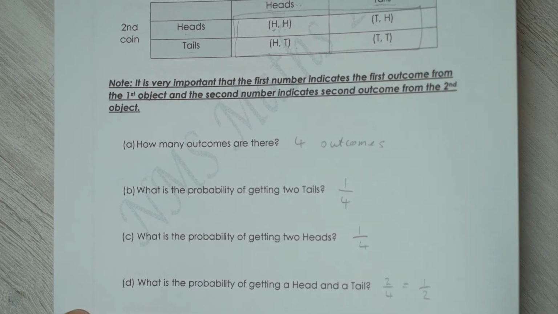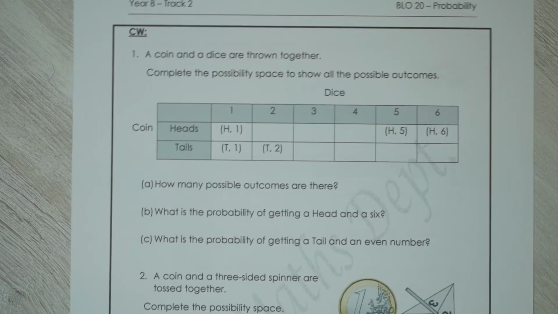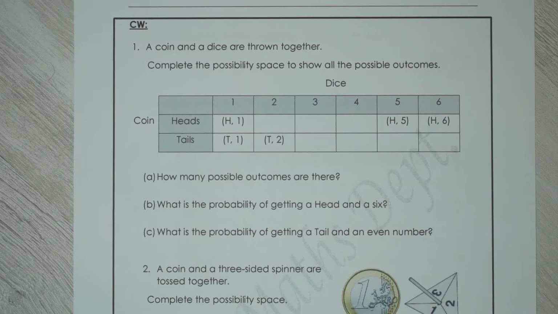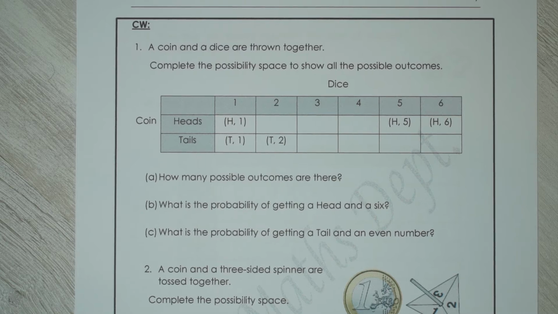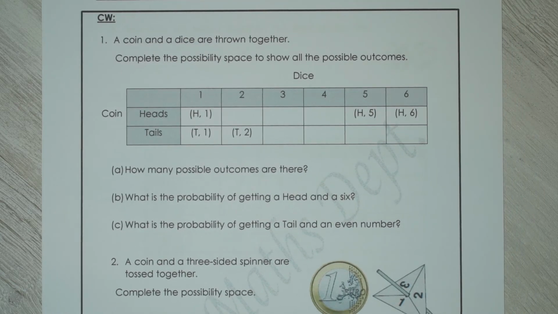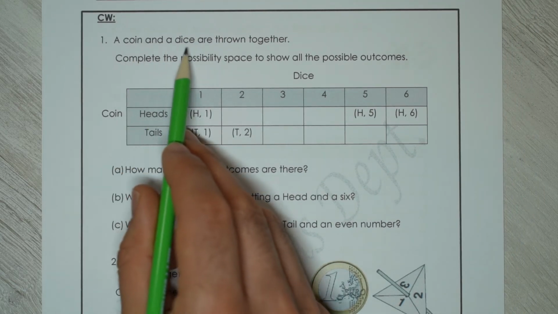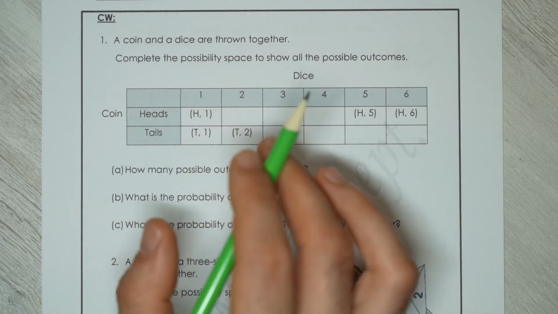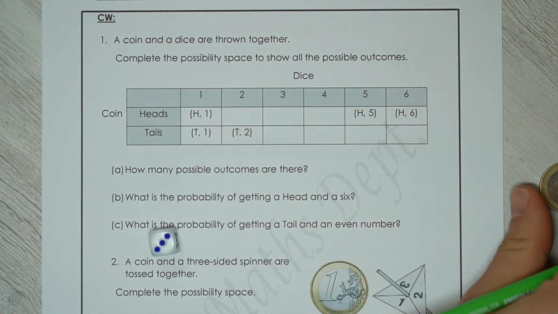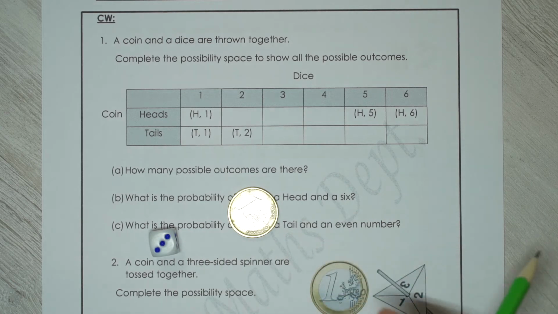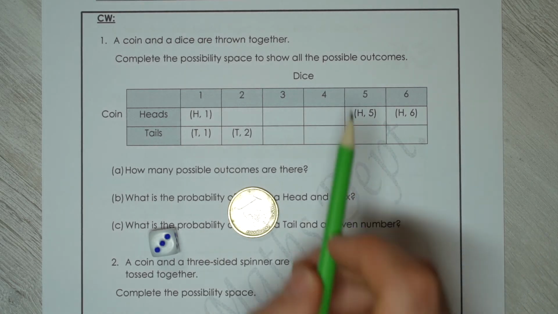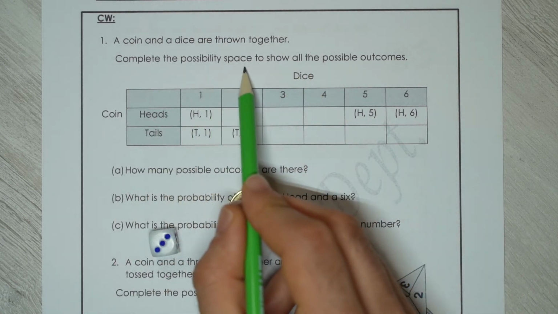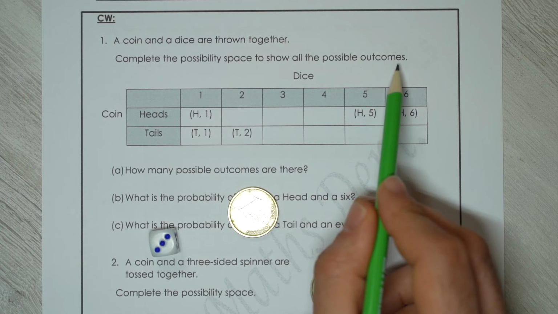Let me work out with you another question from the classwork on page 8 of the notes. A coin and a die are thrown together. So this time we have a die and a coin that are being thrown together. Complete the possibility space to show all the possible outcomes.